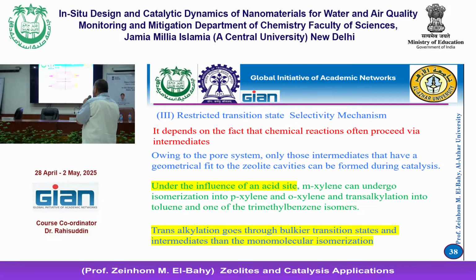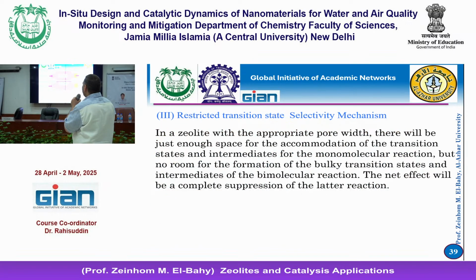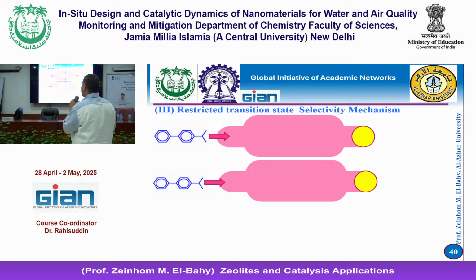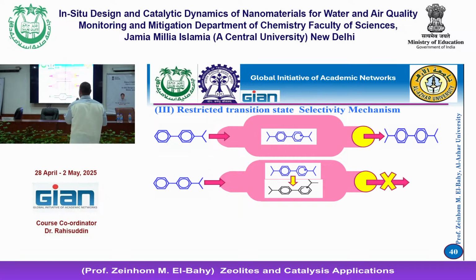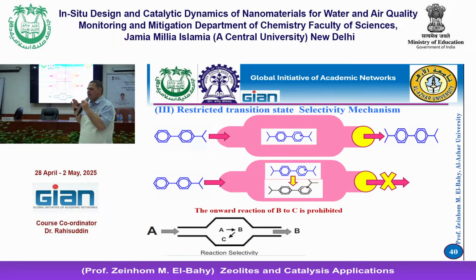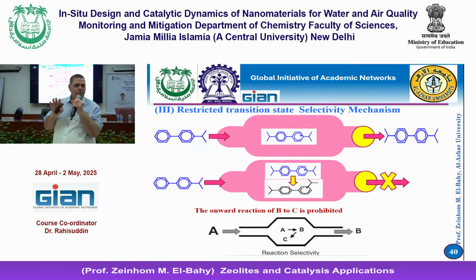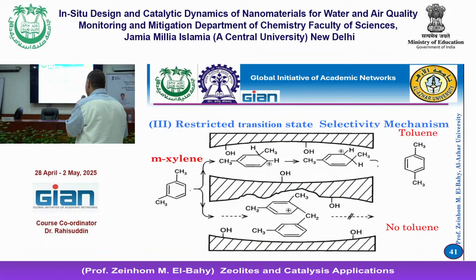If this intermediate inside changes to another shape, this means the reaction will not occur, so no reaction will be there. And at this time, I made selectivity from the transition state. Like m-xylene, which may react inside and gives this product, toluene.